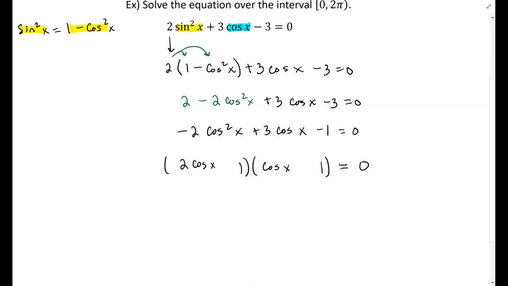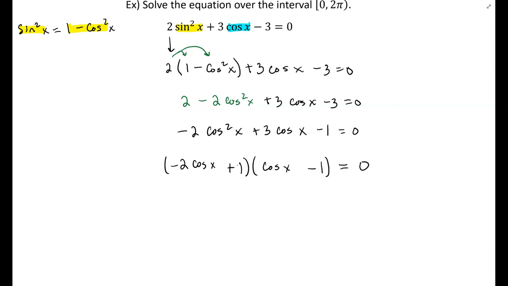And then I just need to know where I'm going to place my negatives. Looks like I want a plus 3. So if I make my first term negative and my last term negative, that will give me a plus 2 cosine x. And then I'll make that one positive, which will give me 3 cosine x. So we went ahead and factored.